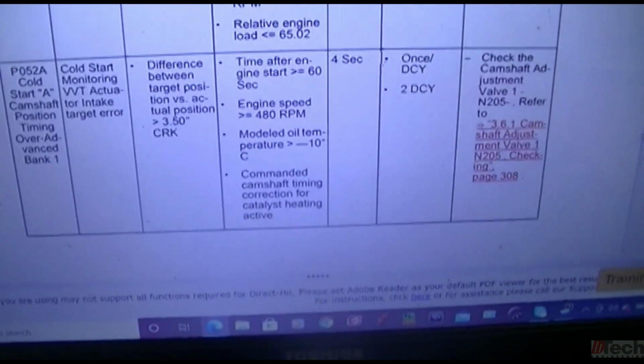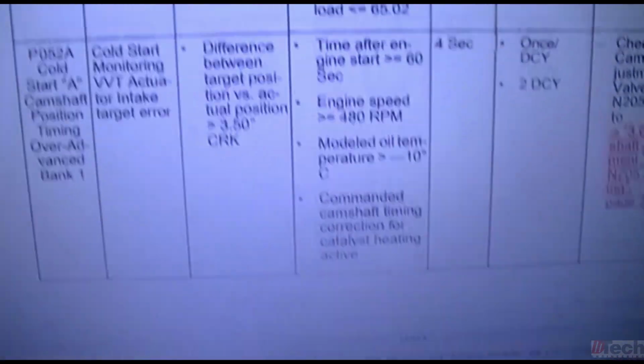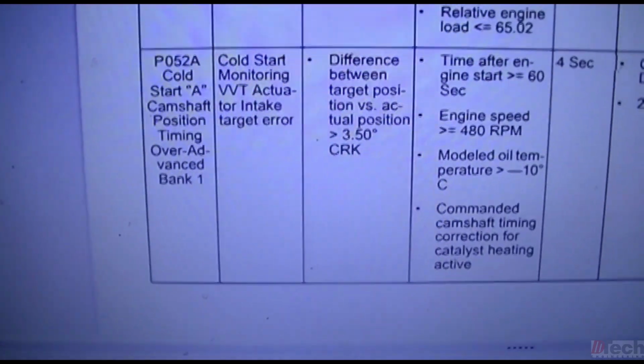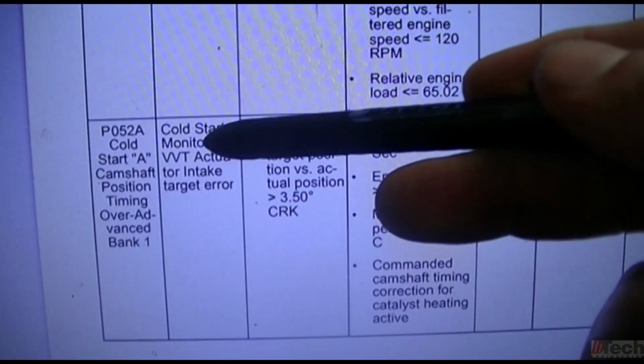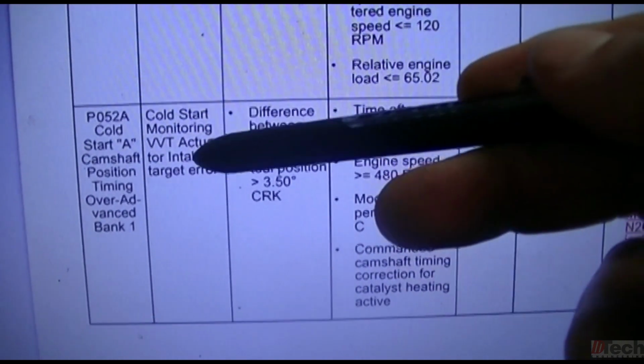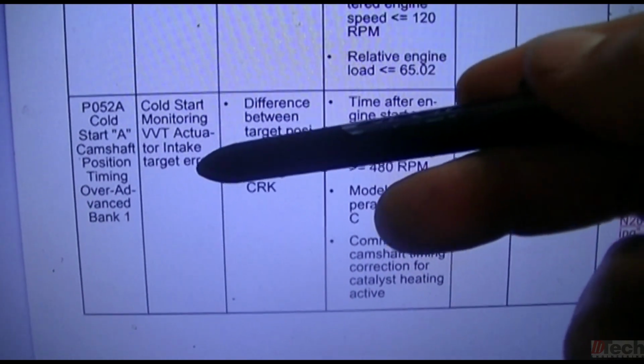As far as OEM information, not much to go by. Just the description or information on it. It's the cold start monitoring VVT actuator intake target error.